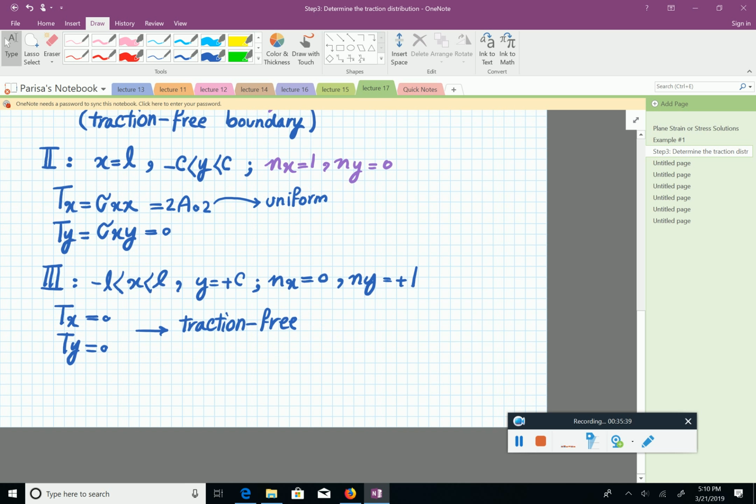And finally, the boundary number 4, which is on the other side, what do you have for that?